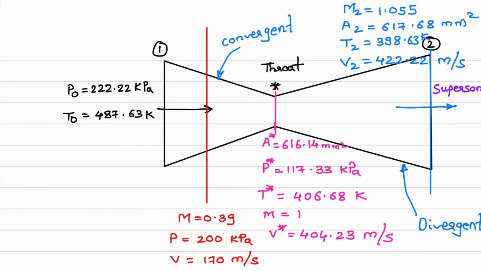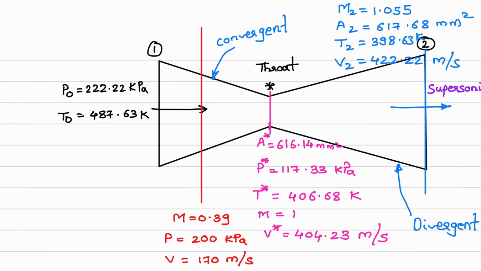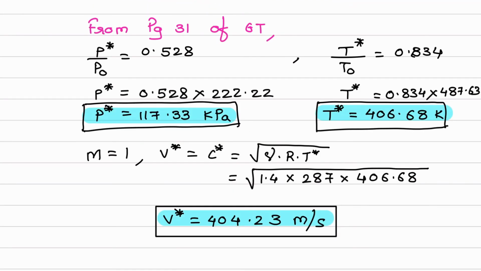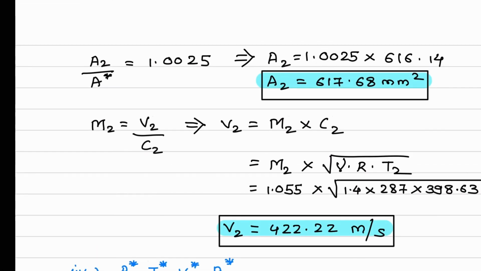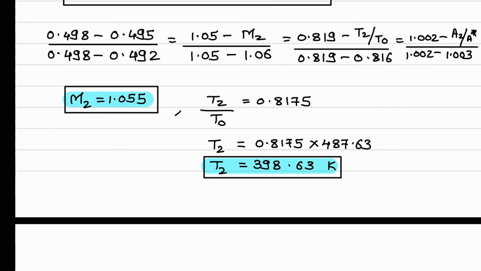We'll see about the pressure part now. Initially pressure was 200 kilopascal. Now pressure is decreasing. Since velocity is increasing, pressure is decreasing. At throat, from 200 kilopascal, pressure has decreased to 117.33 kilopascal. Then at the exit section, further the pressure has reduced. Pressure value at the exit, I have not calculated, I think.